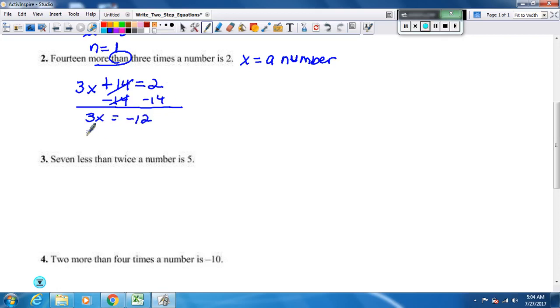This is 3 times x. The opposite of times is divide, so divide both sides by 3. Top cancels with bottom. Now we have a negative on the top, but there's no negative on the bottom to cancel that out. It takes 2 negatives to cancel. So I keep it as a negative, and 12 divided by 3 is 4. So x equals negative 4.